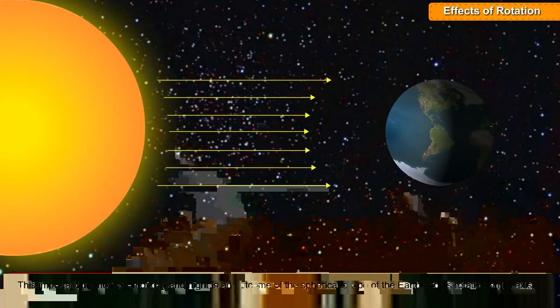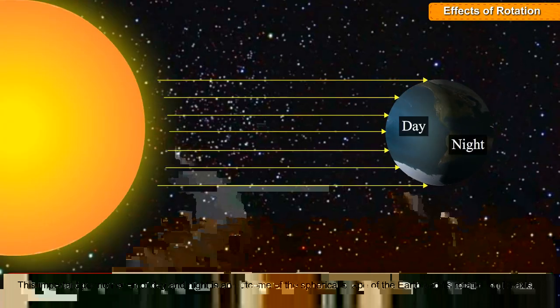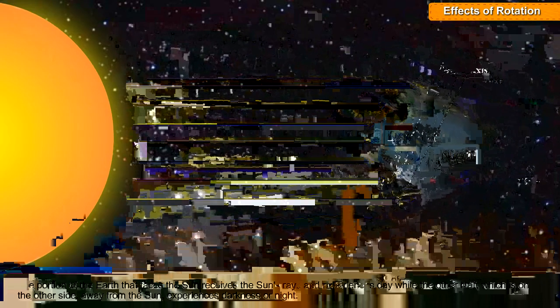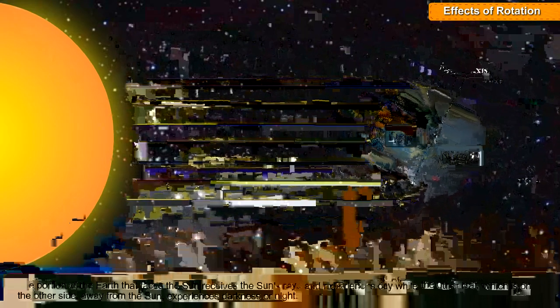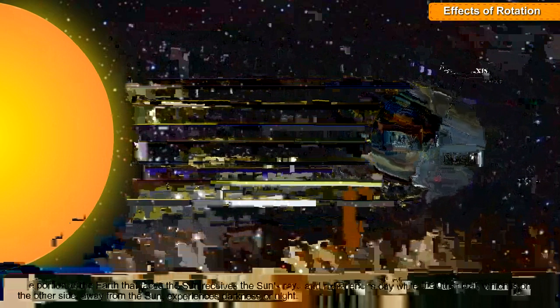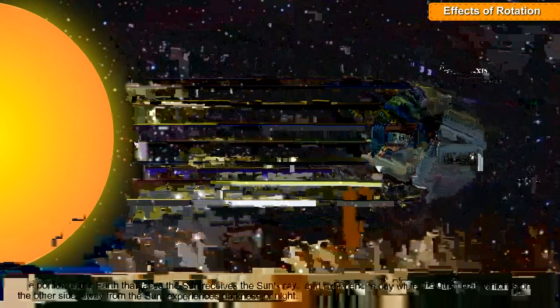This important phenomenon of day and night is an effect of the shape of the Earth and its rotation on its axis. The portion of the Earth that faces the sun receives the sun's rays and experiences the day, while the half, which is on the other side, away from the sun, experiences darkness or night.